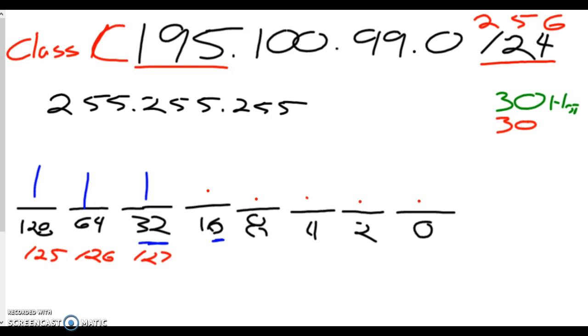And then we add up this digit, and this digit. So 128 plus 64 is 192, plus 32, I believe it's 224. So our subnet mask on each subnet is going to be 255.255.255.224. And I got this by adding 128, 64, and 32, because those are the bits I'm borrowing.